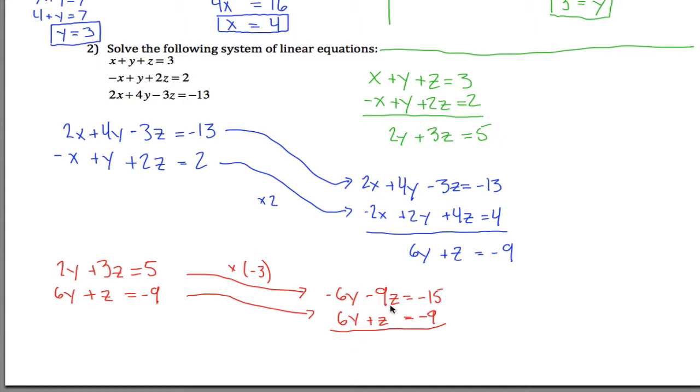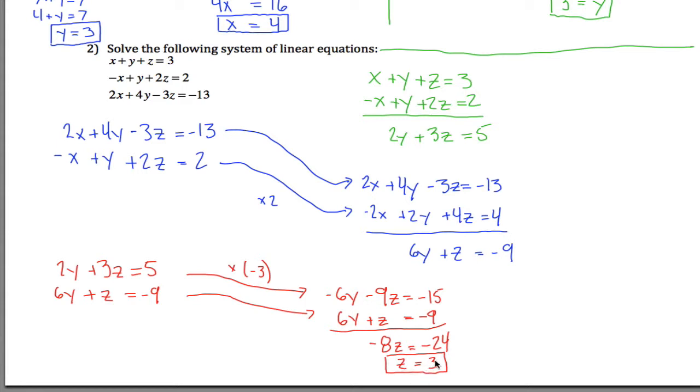So all I'll be left with is negative 9z plus z is negative 8z, and negative 15 plus negative 9 is negative 24. So if I divide both sides of the equation by negative 8, negative 24 divided by negative 8 is just 3. Finally figured out one of the variables. I know that z equals 3.